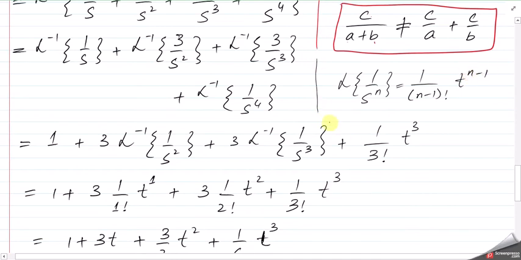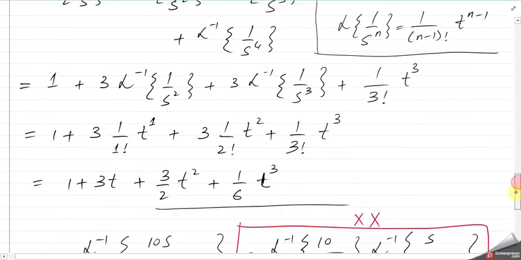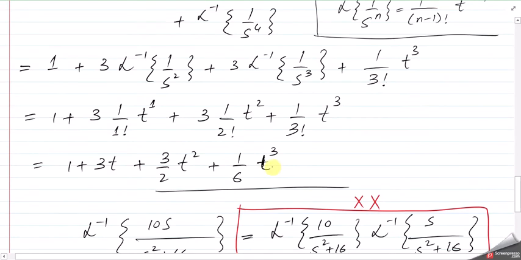We have to subtract 1 from n on the right side. So if n is 2, it becomes 1 factorial, 1 power. If n is 3, it becomes 2 factorial, 2 power. If n is 4, it becomes 3 factorial, 3 power. And then we can write one last step to simplify the factorials. And that's our Laplace inverse.